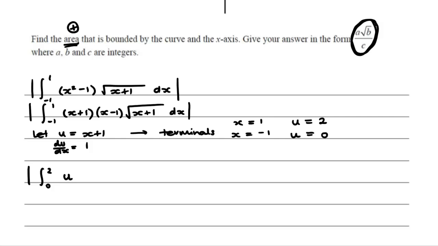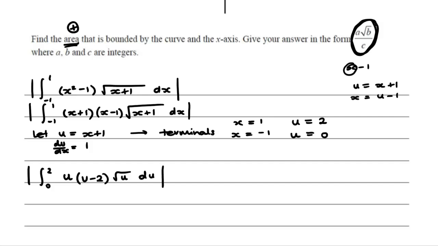And then for the x minus 1 situation, we've got u equals x plus 1. So that means x will be u minus 1. So if we put u minus 1 in there, this bit's going to be u minus 2. And then we're going to have the square root of x plus 1, so that's going to be square root of u. du now, and magnitude.